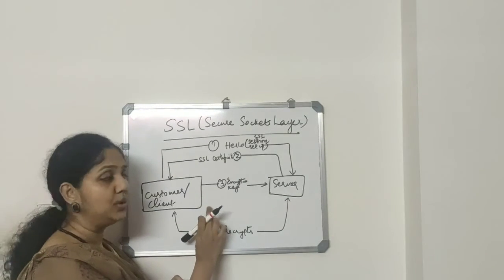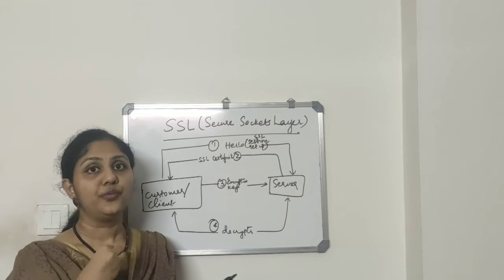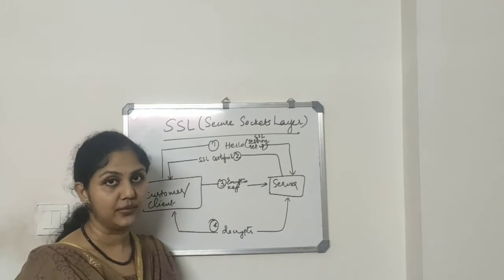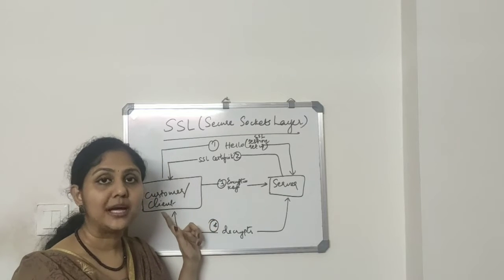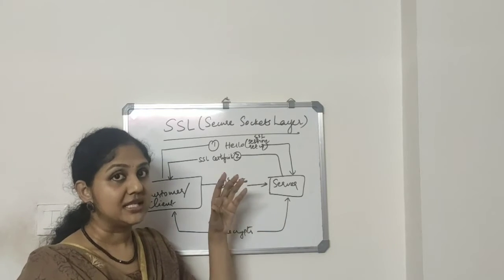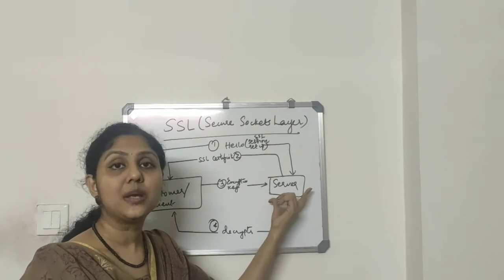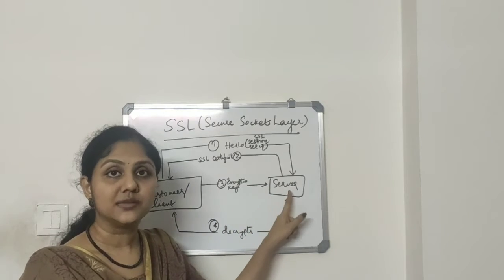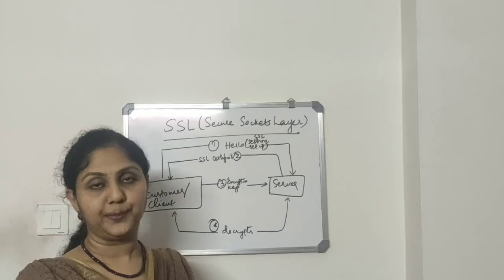So what does the customer do? It will send the session key. Before sending the session key, it will encrypt the session key and send it to the server. They need to initiate a session. So a session key will be sent by the client to the server. The session key will be encrypted using the server's public key and the client will send the encrypted message to the server.